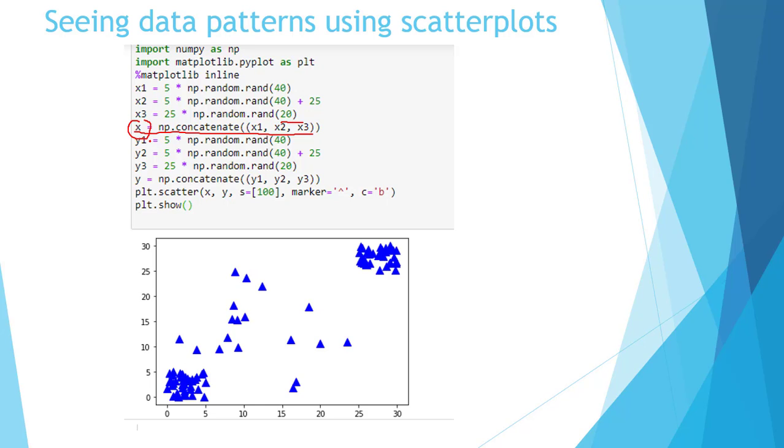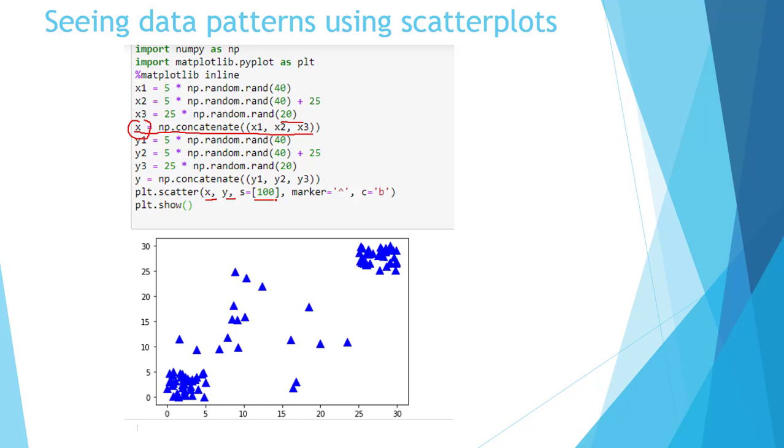After that, we have generated y1, y2, y3 the same way as x1, x2, x3, that is 40 random numbers, 40 plus 25, and after that 20, and we have concatenated all the y variables y1, y2, y3 into y. After that, we have called the scatter function, that is plt.scatter, and specified the x value, y value, and the size of the data point.